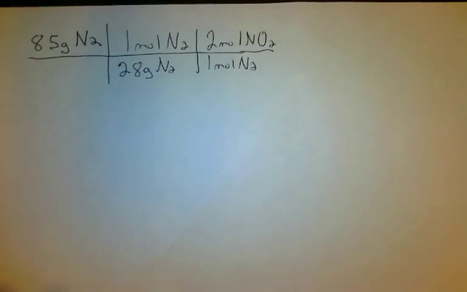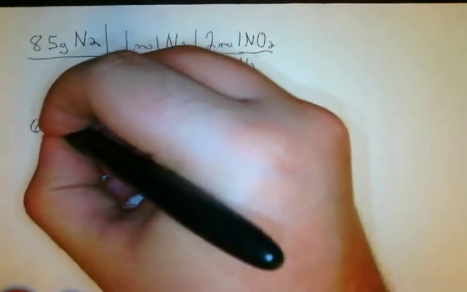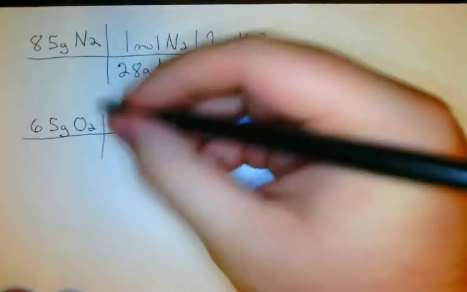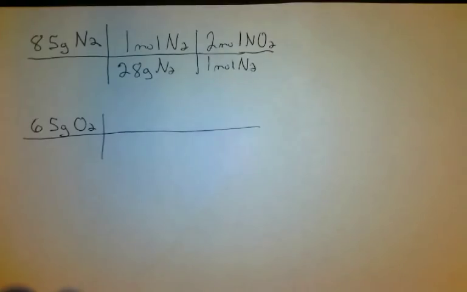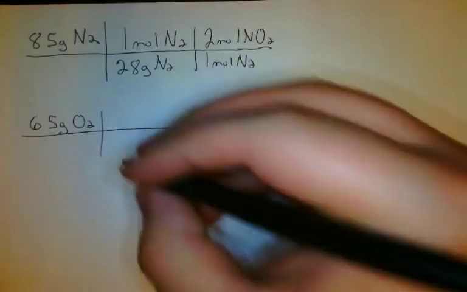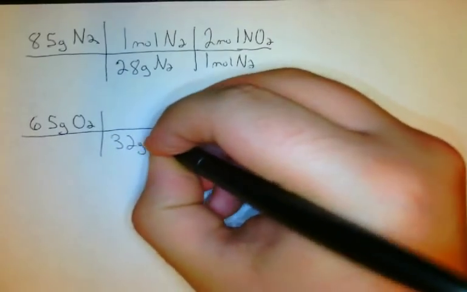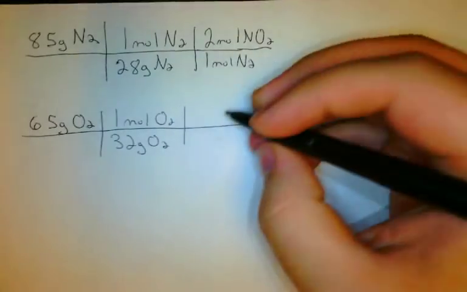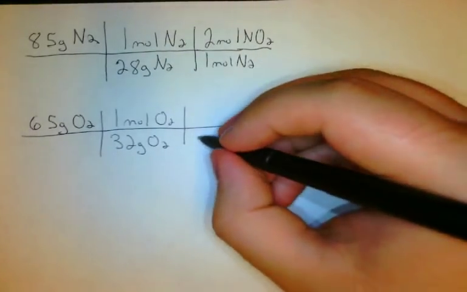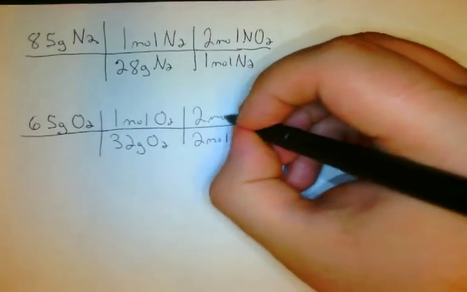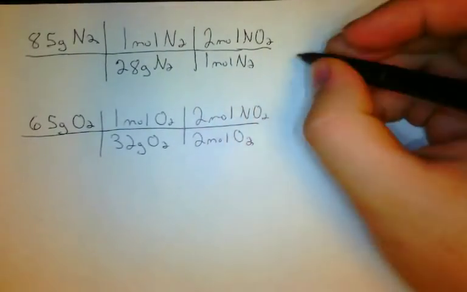For my O2, it says I have 65 grams. O is 16 grams, so 2 of them would be 32. And then if I look at the balanced equation, 2 moles of O2 will make 2 moles of NO2.